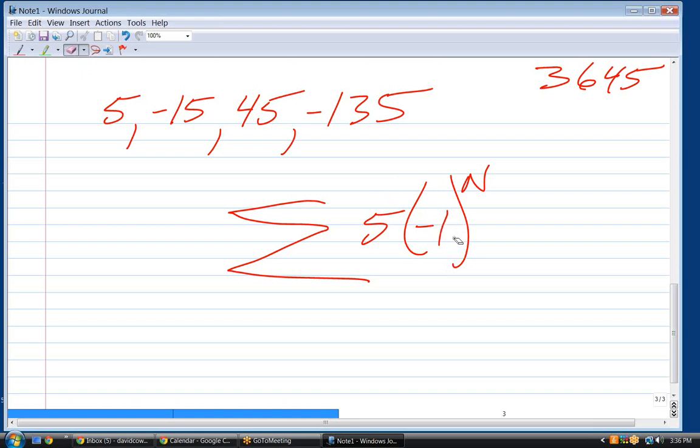Hold just a second. It's an alternating series, and an alternating series always has a -1 to the n. But our multiplier is 3.